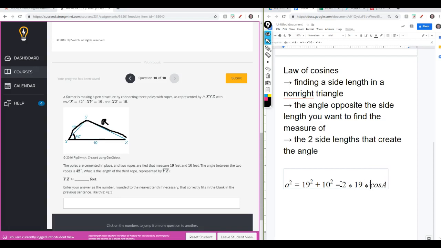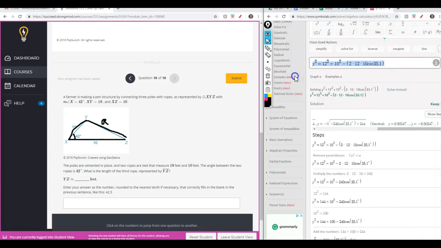So that's where that comes from, times cosine of the angle opposite the side length we want. So that's 42 degrees. So then we can copy this and jump over to Symbol Lab.